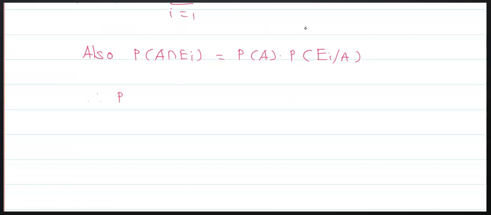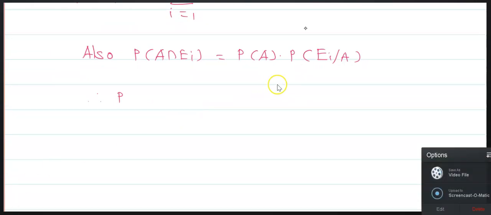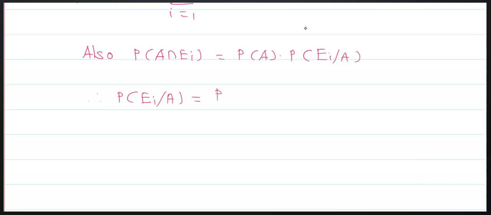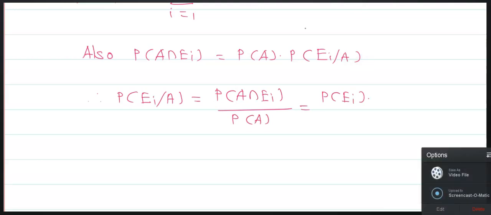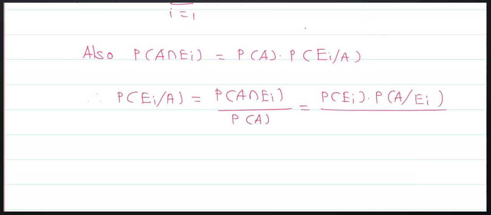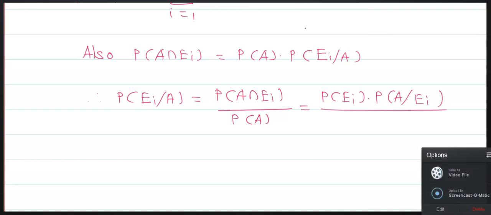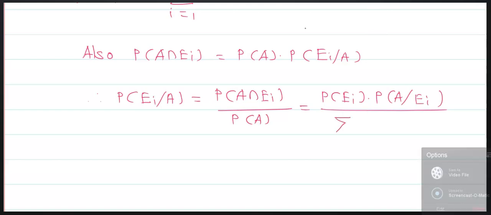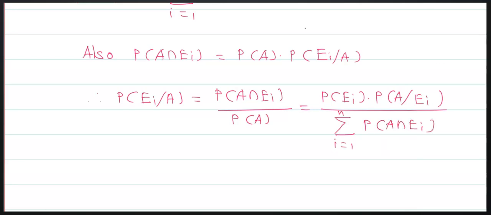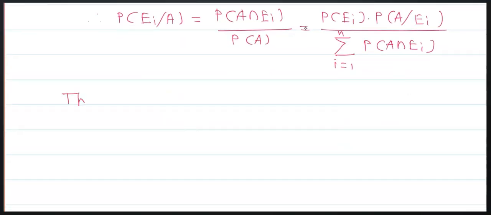intersection Ei is equal to probability of Ei into probability of A conditional Ei. Therefore, probability of Ei conditional A is equal to probability of A intersection Ei upon P of A, which is equal to probability of Ei into probability of A conditional Ei upon the summation i equals 1 to n of probability of A intersection Ei.